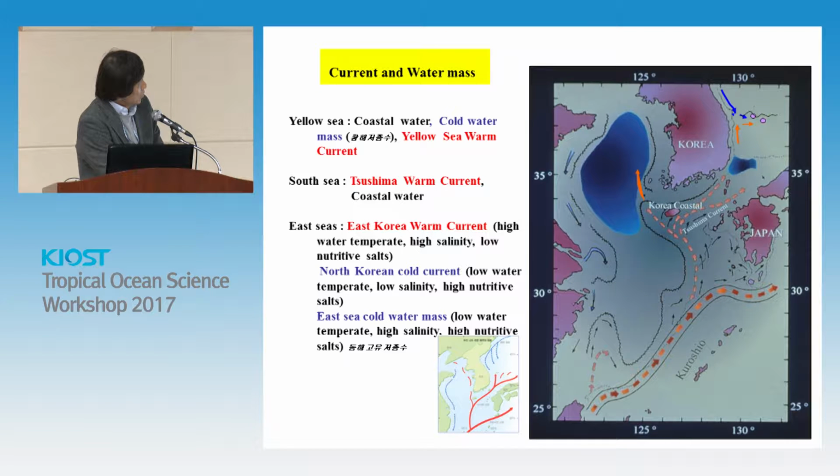Also in the Yellow Sea, a huge cold water mass is located here all year round. This means it is very hard to understand our environment or fisheries resources in Korean waters.